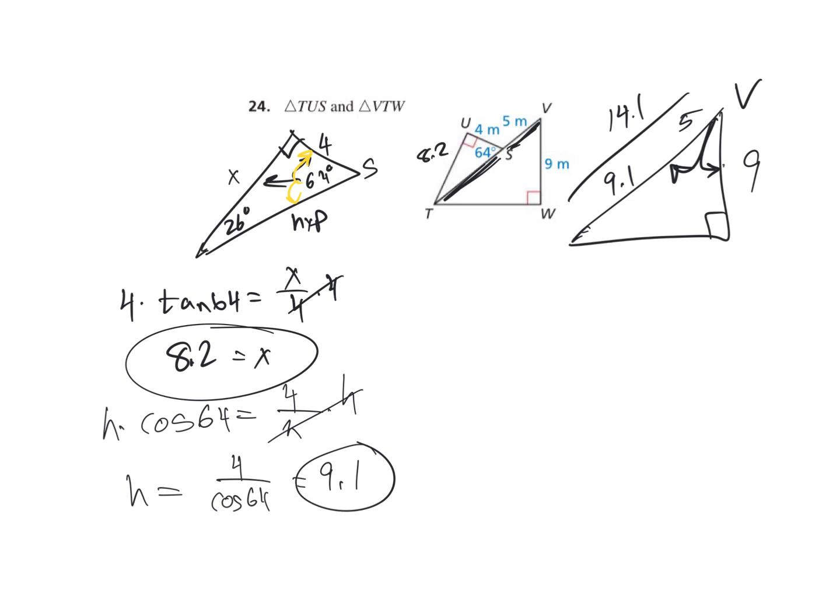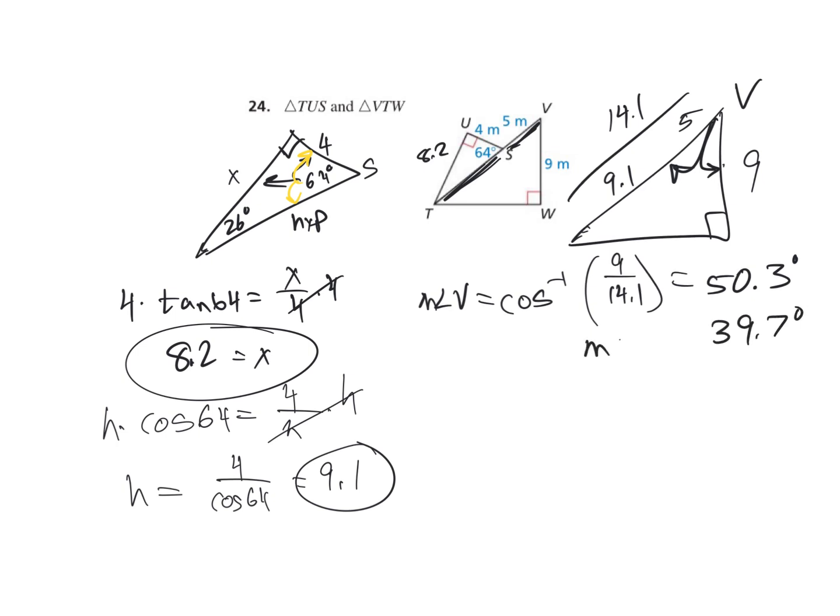So adjacent leg and hypotenuse would be the arc cosine of 9 over 14.1. So the measure of angle V equals 9 divided by 14.1, and the arc cosine is 50.3 degrees. Subtract that from 90, you get 39.7, and that's the measure of angle VTW.